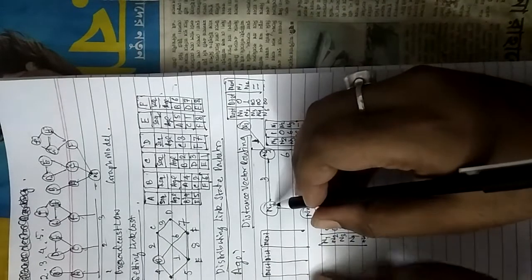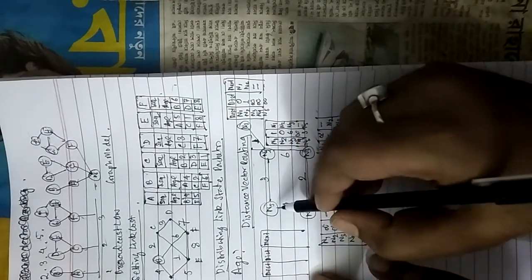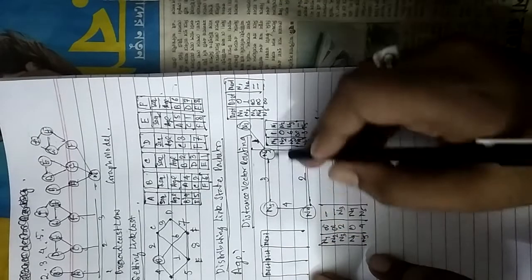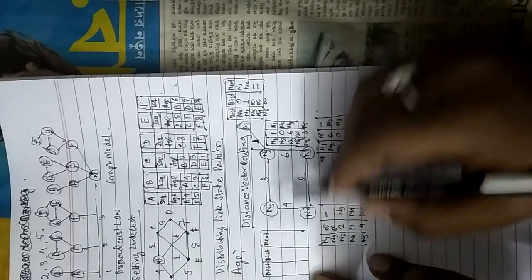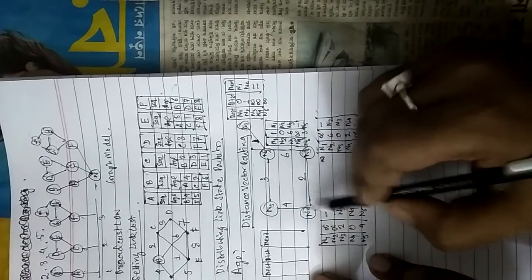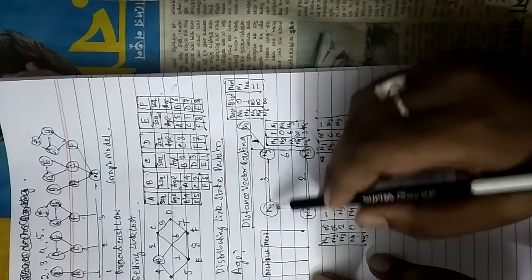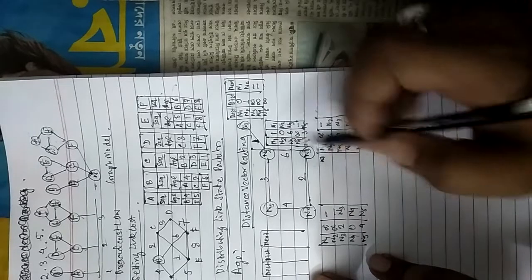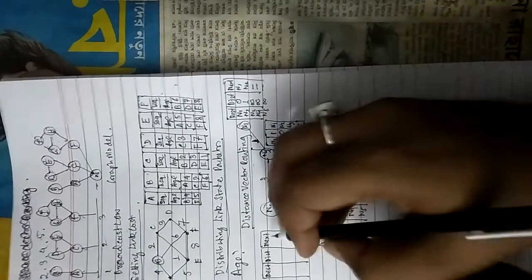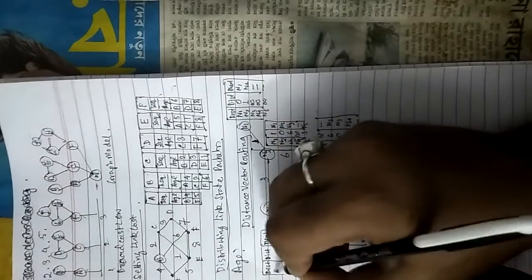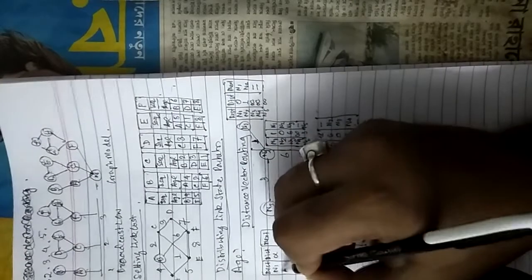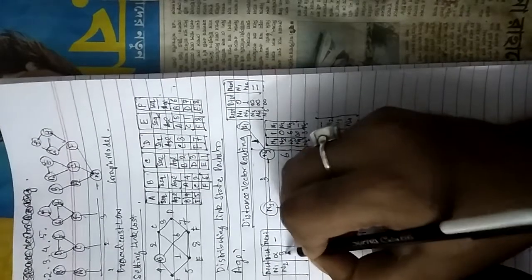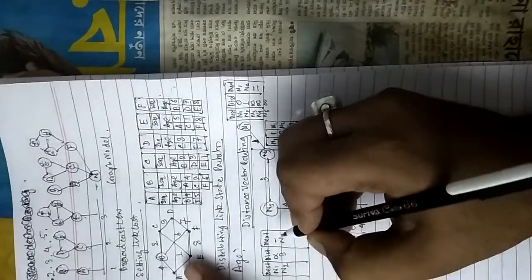And what about n5? The direct paths are n5 to n2 and n5 to n4. So these two pieces of information will come to n5 in the first iteration, and the other information, that is n1 and n3, will not be there. So for n1 it will be infinity, for n2 it will be 3, next hop n2.